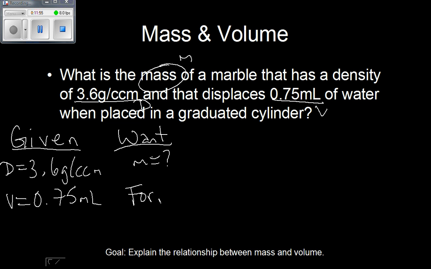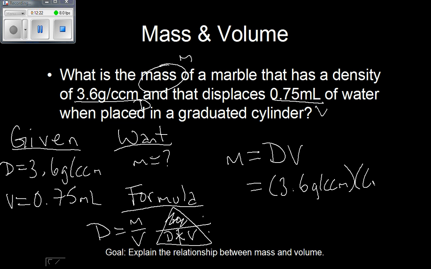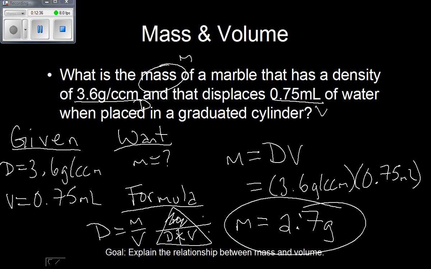For your formula, you can either keep the original and rearrange it, or you can put it into your triangle. And solve for m. 3.6 times 0.75 gives us 2.7 grams for our mass.